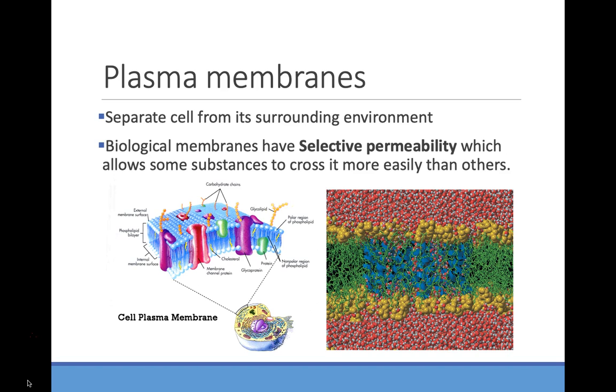This picture on the right shows an aquaporin. So an aquaporin is simply a protein that allows water in. So I like to remember it like water pours in. Those red and gray molecules are the water molecules. The blue proteins are the alpha helix of the protein.